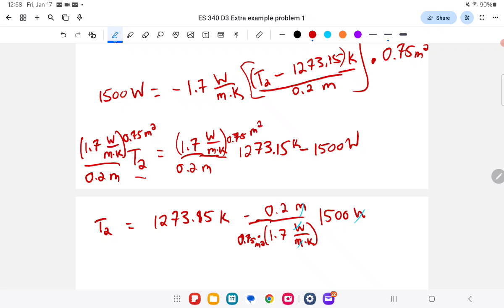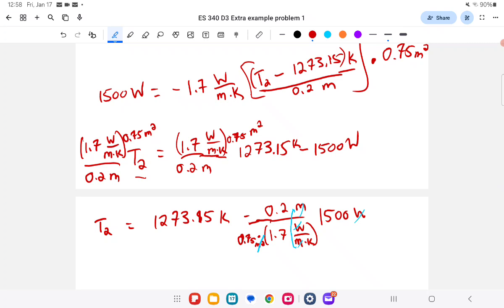Now I get everything in the nice correct units. So those meters, this ends up becoming meters squared. That cancels with that. And so what we're left with is Kelvins, which is exactly what we want. And so now we can subtract that off.